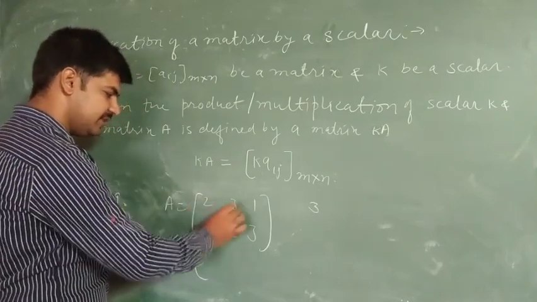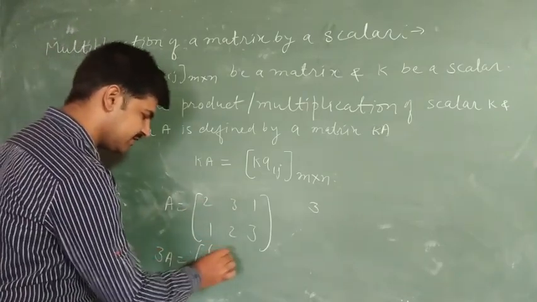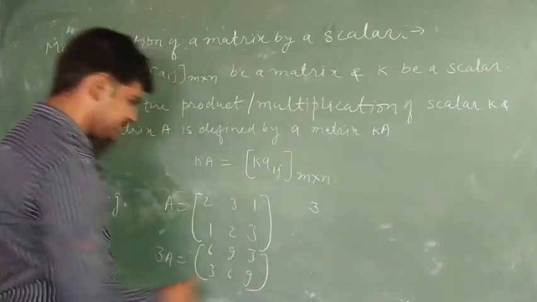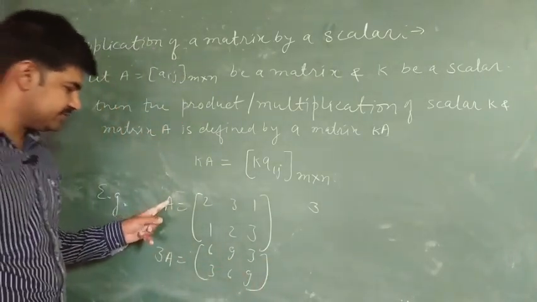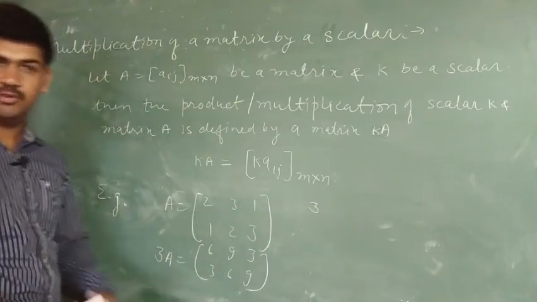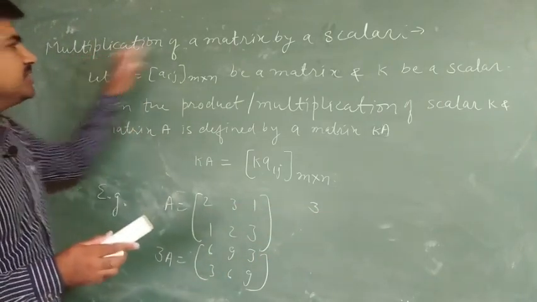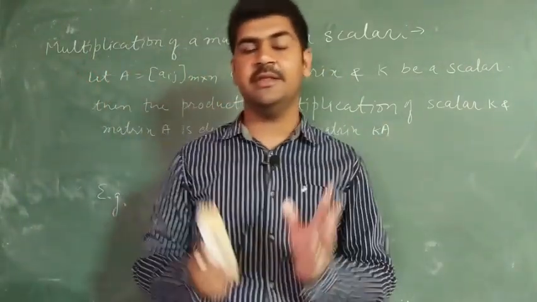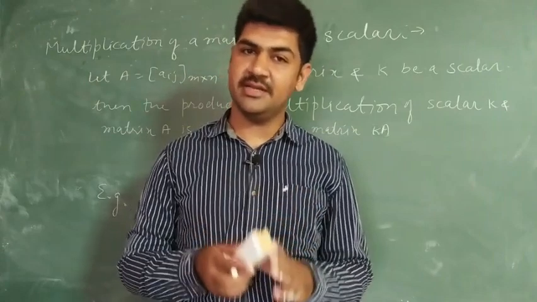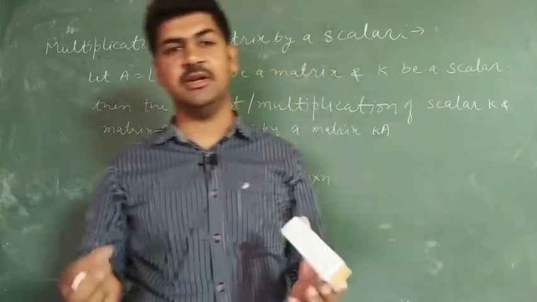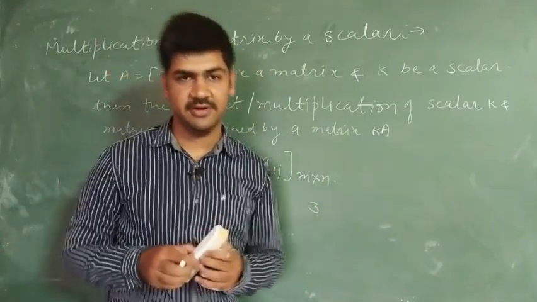So multiply each of the elements by 3, then you will get 6 9 3 3 6 9. So this is the product of matrix A and scalar 3. I hope you have understood the multiplication of a matrix by a scalar. When a matrix and a scalar are multiplied, the result is a matrix such that each of the elements of the matrix is multiplied by that particular scalar.